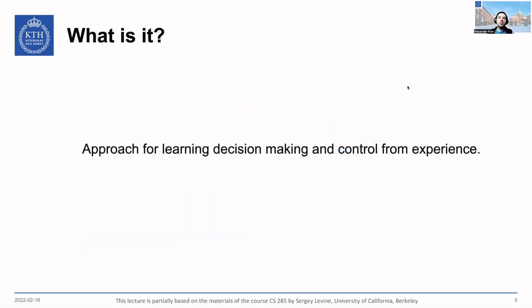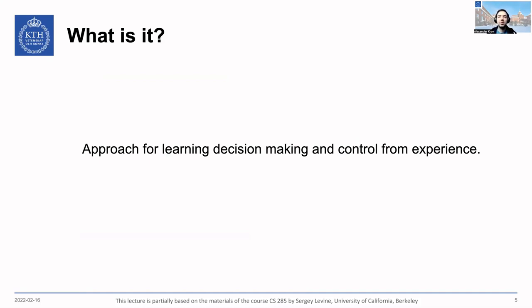There are different definitions of reinforcement learning that you can find, but probably the most general one is that reinforcement learning is an approach to learn decision making, and control as a type of decision making, from experience. Here we don't really talk about how we do it.